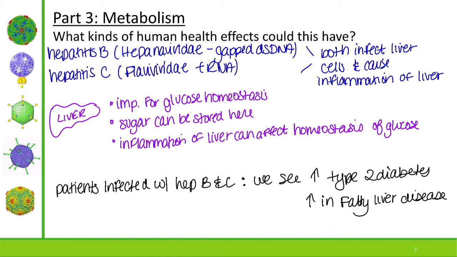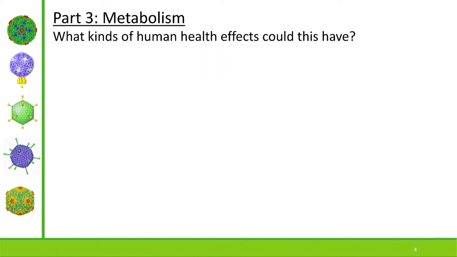We just said that viruses can affect glycolysis, fatty acid production, nucleotide production, any and all metabolic pathways in the host can be affected. So let's go ahead and start with a blank page, and we're going to draw how this happens.